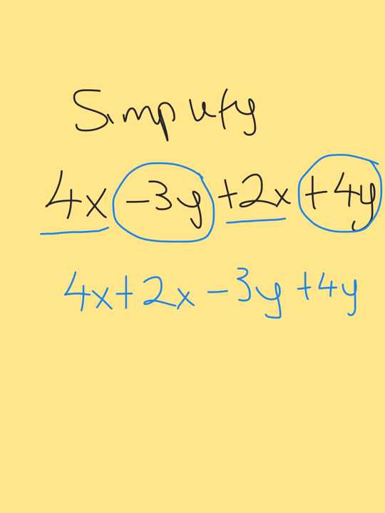So when I put those terms together, I have 4x plus 2x gives me 6x. And I have minus 3y plus 4y. Minus 3 plus 4, remember from integers, minus 3 plus 4 gives me plus 1y. Remember as well that we can leave out the 1 in front of the y. We can just simply call it y.